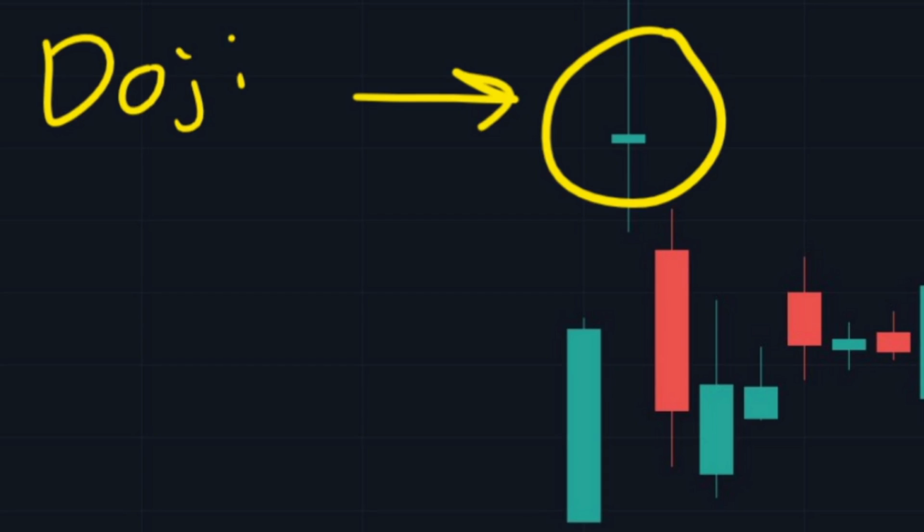Alright, so first of all, let's take a look at what the Doji Candlestick actually is. And to do that, I'm going to pop up Paint 3D here. So this right here is a perfect example of a Doji candlestick. And this right here doesn't even look like a candlestick.